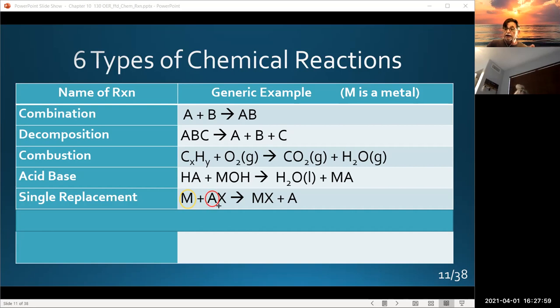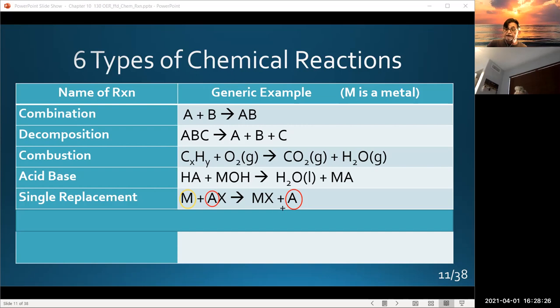It is an ionic compound. It is combined with X, whatever X may be. Now, if this reaction were to proceed as written, you can see that M displaces the A and produces A back into the elemental state, okay? Where A began as a salt, as an ionic compound, now it is an element.